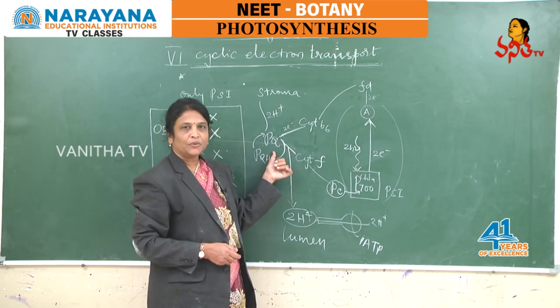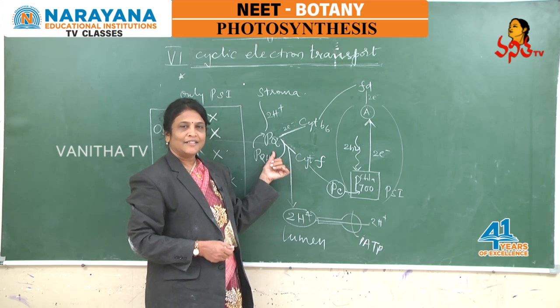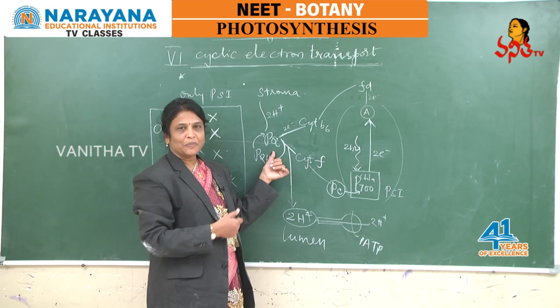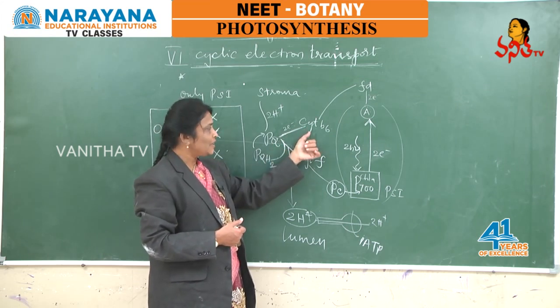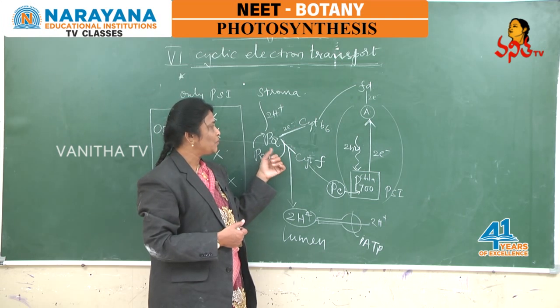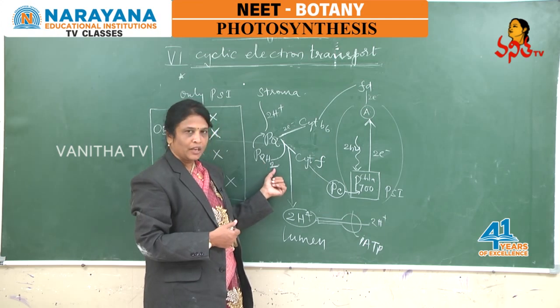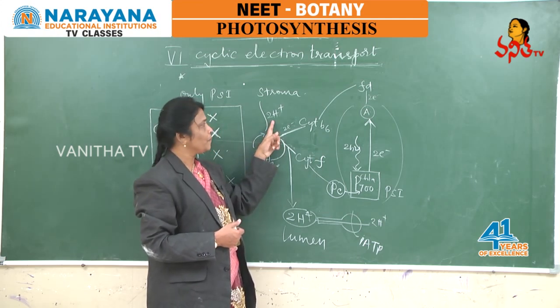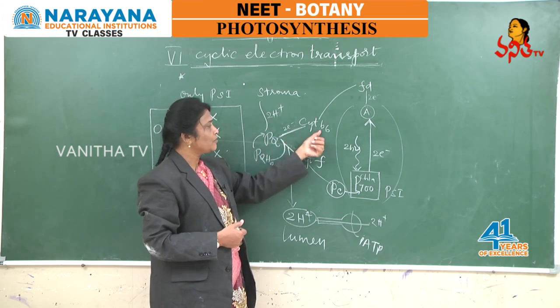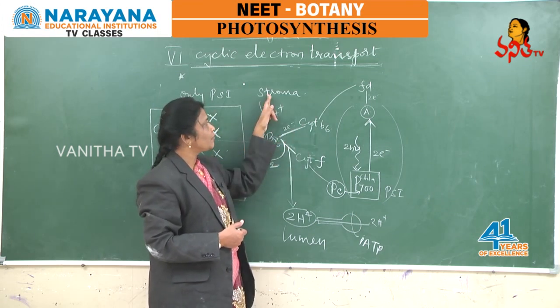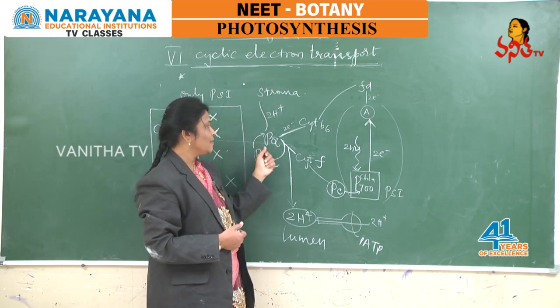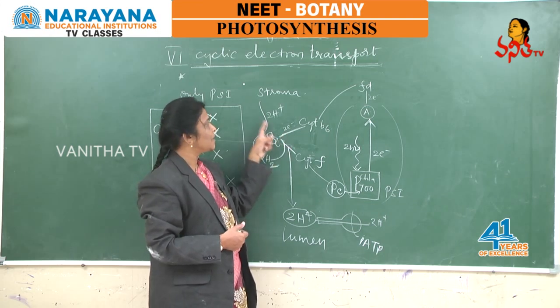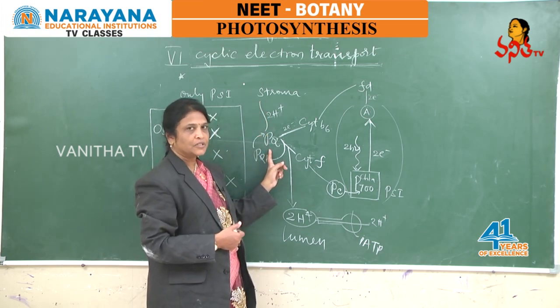As already we said, plastoquinone is the mobile electron carrier, and that lies between the cytochrome complex and PS2, and here from the cytochrome complex plastoquinone pulls those electrons, and in addition to electrons, to reduce into plastoquinol it requires protons also, and it takes electrons from cytochrome B6 and protons from stroma as usual. So here plastoquinone, the mobile electron carrier, takes electrons from cytochrome B6 and protons from stroma, and again that proton uptake by plastoquinone is an active process we consider.